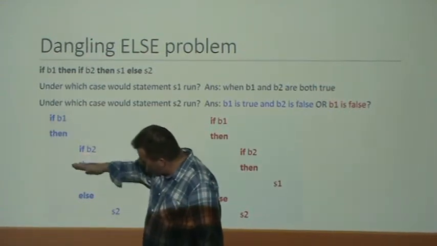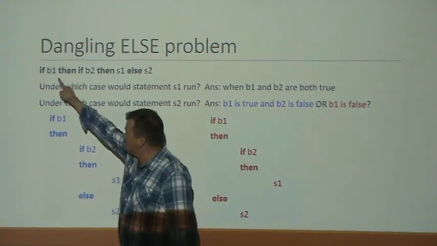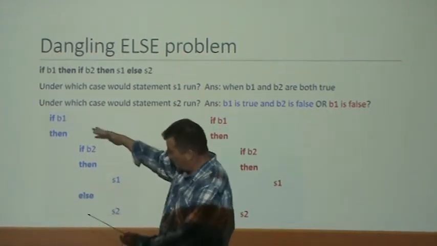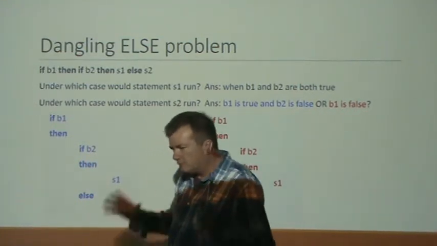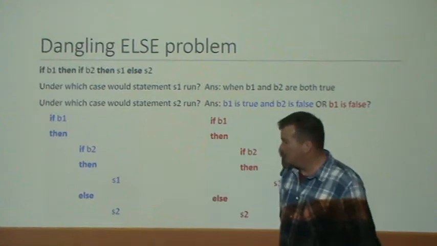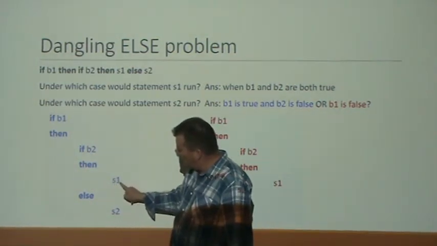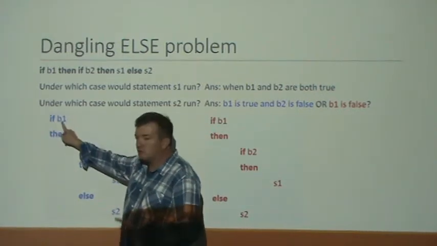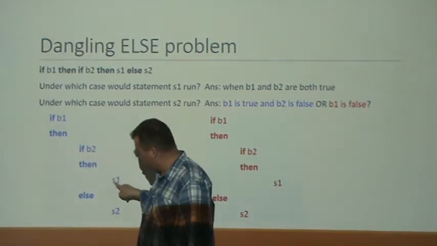Using this indentation was the interpretation of this line. Remember, this line of code and what you see here are the same thing except we're using indentation. The only thing that changed. So if we could visually see what's going on, if this was the case, the only way statement 1 would ever run would be if Boolean expression 1 was true and Boolean expression 2 was true.